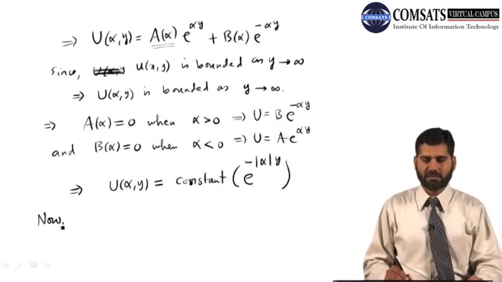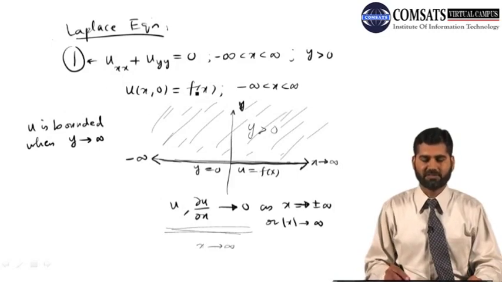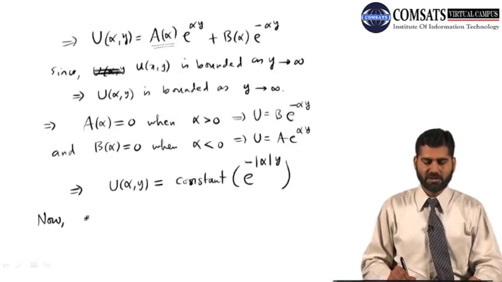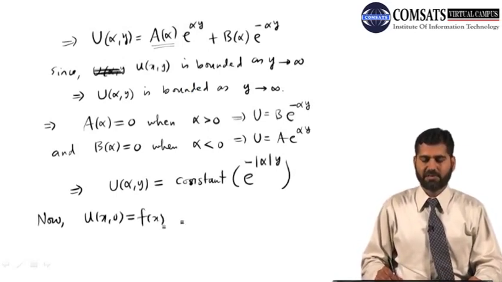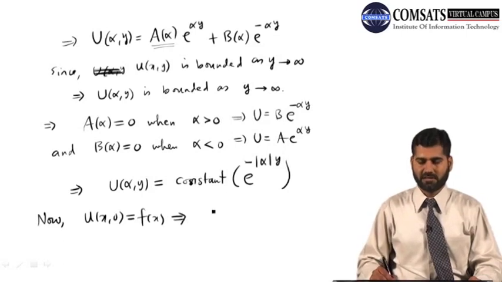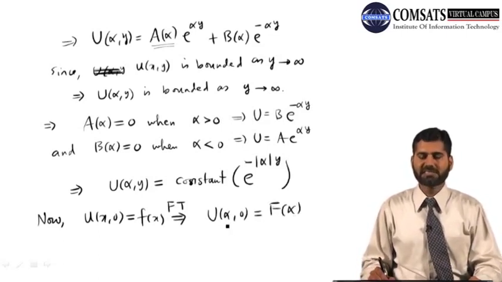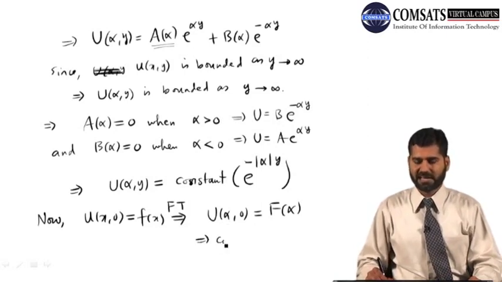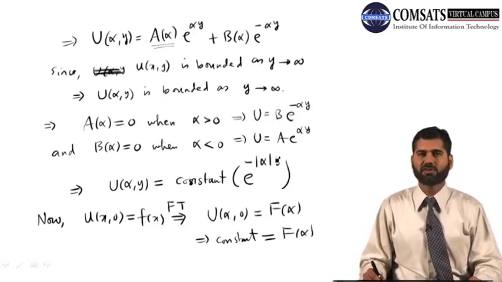Now your boundary condition, one boundary condition was given to you, that u(x,0) is equal to f of x. Right? This was the first boundary condition. Now u(x,0) equal to f of x implies that if I take the Fourier transform, this will become u hat of alpha, 0 equal to f hat of alpha. Right? So if I use this, this means that the constant which is being multiplied will give you f hat of alpha, because if y equals 0, e to the power 0 becomes 1.